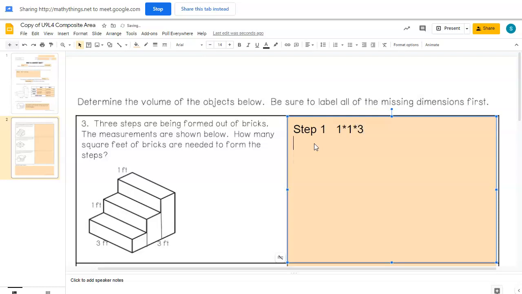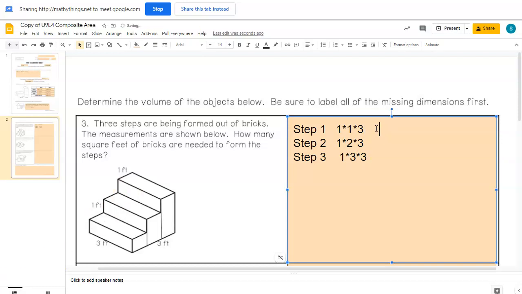Then our second step, step 2, is 1 wide, 2 tall, by 3 across. So 1 times 2 times 3. And then step 3 is 1 wide, 3 tall, and 3 across. So 1 times 3 times 3.